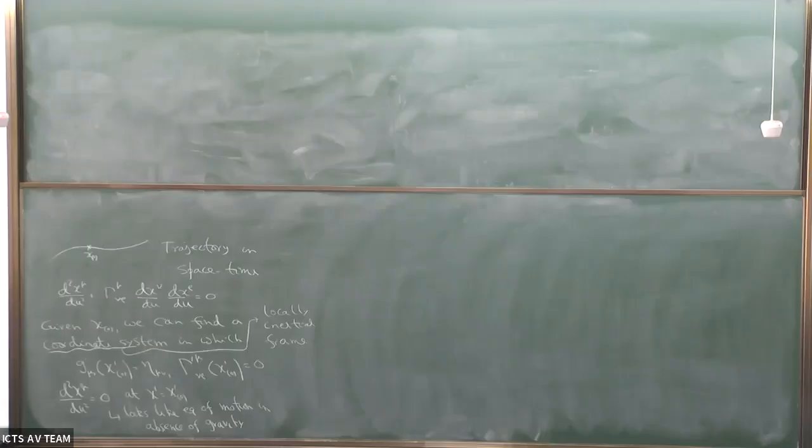Because if there is no gravity, the metric is eta mu nu and the equation of motion will be like this. Except that here we cannot make the equation of motion look like this in the same coordinate system everywhere. At every space-time point, you have to change your coordinate system, and in that coordinate system, the equation of motion looks like that of a free particle.